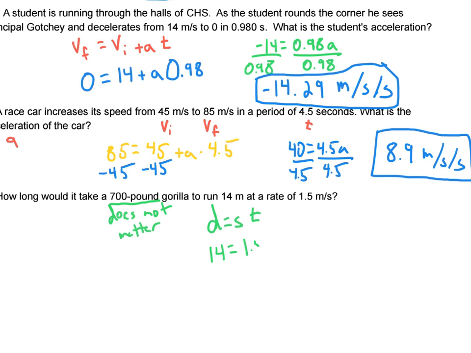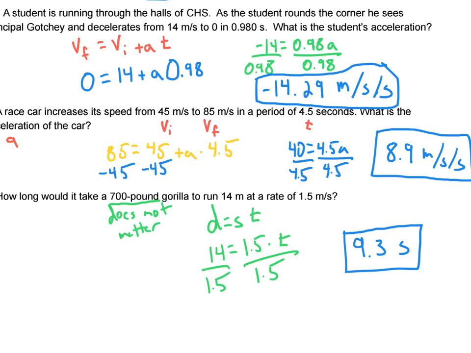Its speed is 1.5 meters per second, and the time is still unknown. We divide both sides by 1.5. And we get 14 over 1.5, 9.3 seconds. All right, that's actually moving pretty slow, 1.5 meters per second. So this gorilla, it's not really running. It's more of a jog maybe.